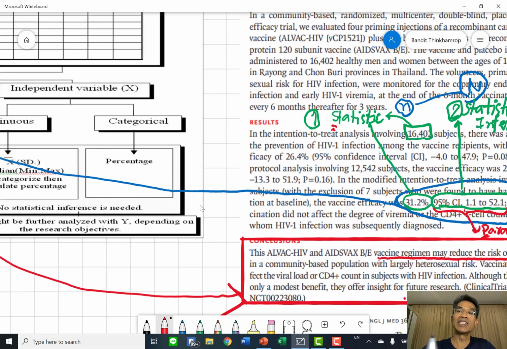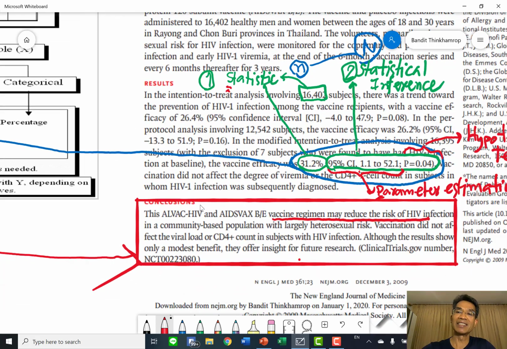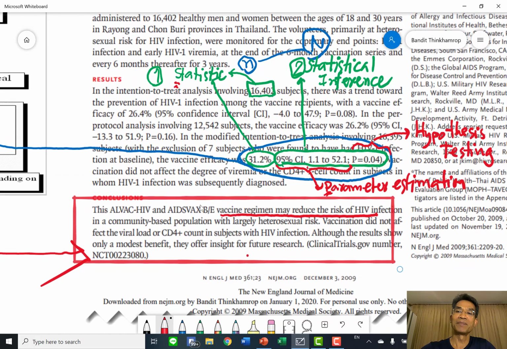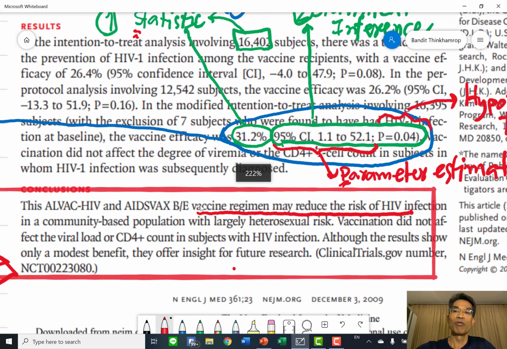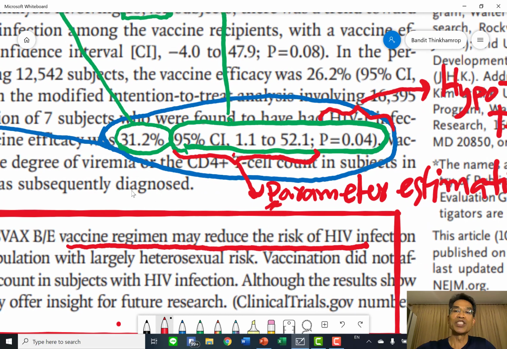We will not discuss for now the bias, but just the random error. For judgment means that in a sample of 16,000, we found that the vaccine can prevent about 1/3 of the population from being infected with HIV if they are vaccinated.